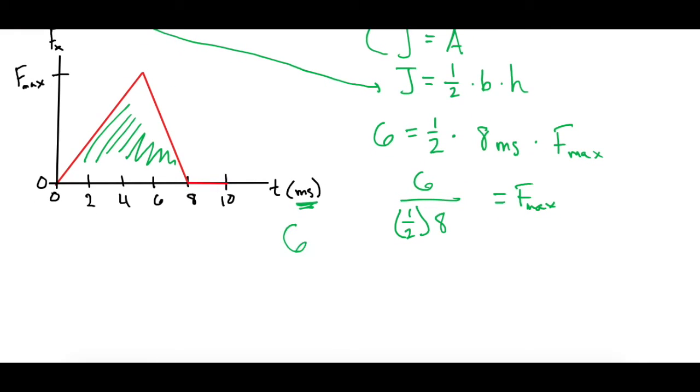So now we have 6 divided by 1/2 times 8 milliseconds, and there's 1,000 milliseconds in a second. So we get 0.008 seconds. Now let's pull up my calculator and do it real quick. 6 divided by parentheses 0.5 times 0.008 close parentheses, and that gives, oh whoops, why did I say 0.5?